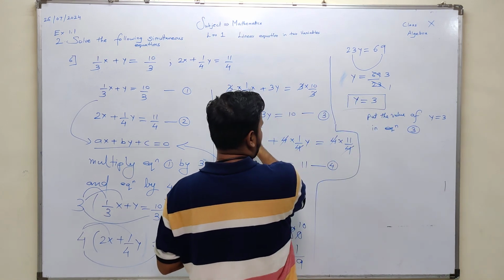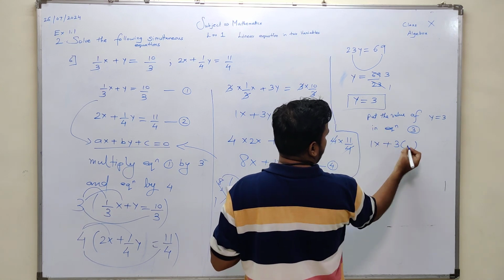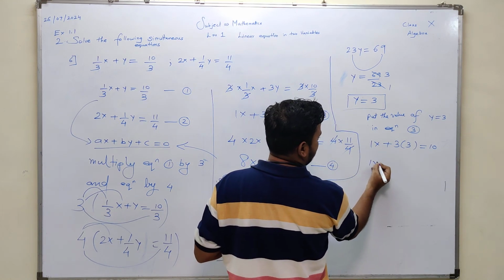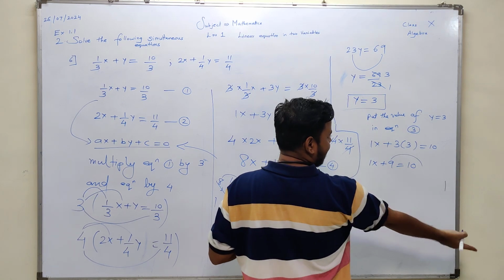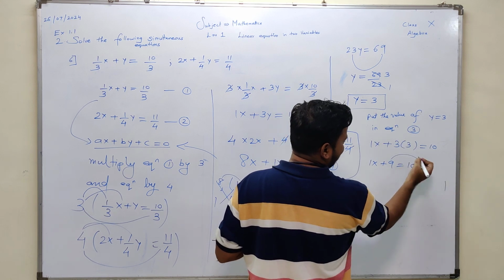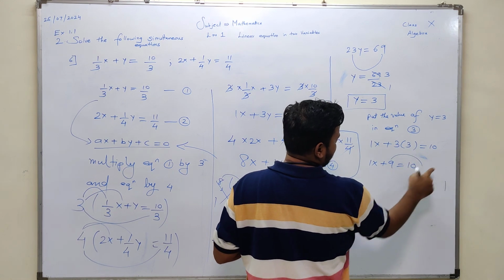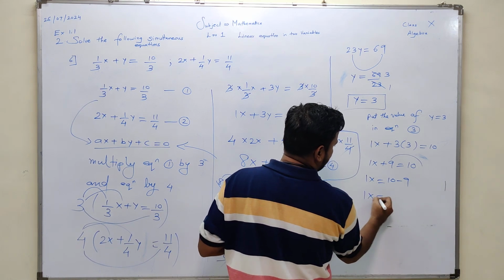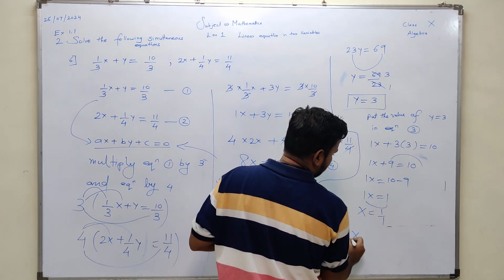Then what do we get? This will be 1x plus 3, putting the value of y equal to 3, equal to 10. So 1x plus 3 threes are 9 is equal to 10. Transfer this 9 to the other side. It is plus on the LHS. After going to the right hand side, it will become minus 9. So 1x is equal to 10 minus 9. 10 minus 9 is how much? 1. x is equal to 1 upon 1, x is equal to 1.